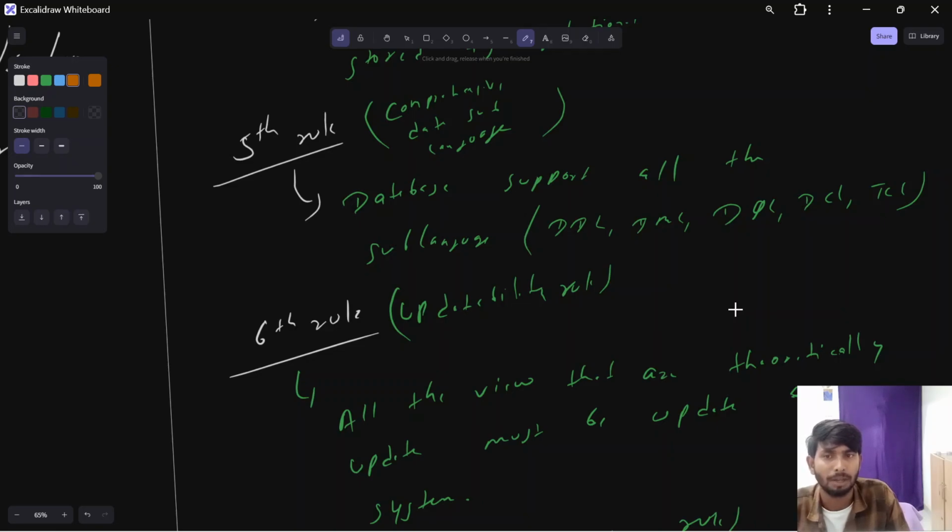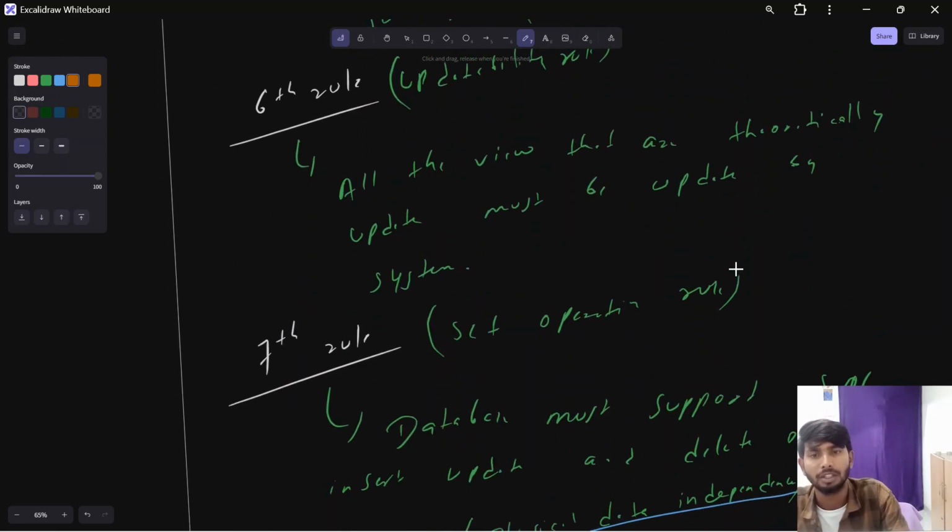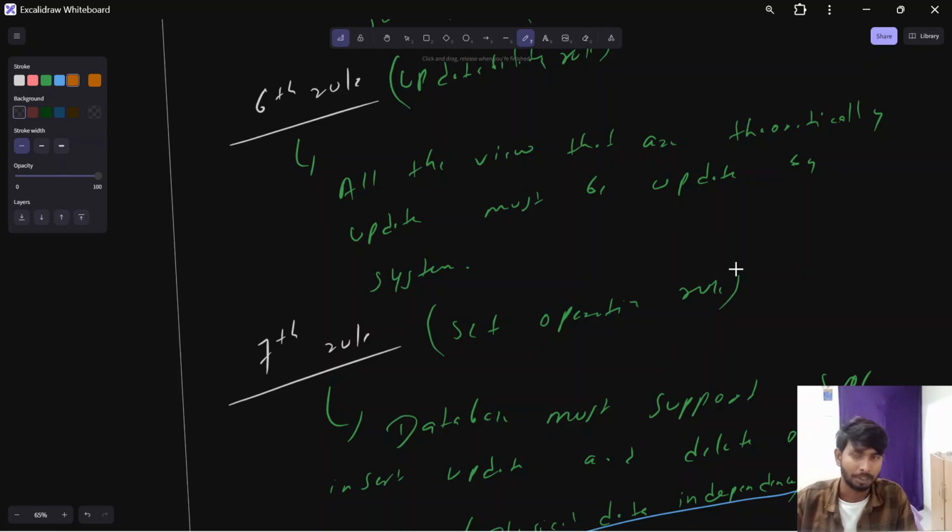Comprehensive data sublanguage means the database supports all the sublanguages like DML, DQL, DCL, DDL and TCL. These are the five. Next, updatability rule: all the views that are theoretically updatable must be updated by the system.